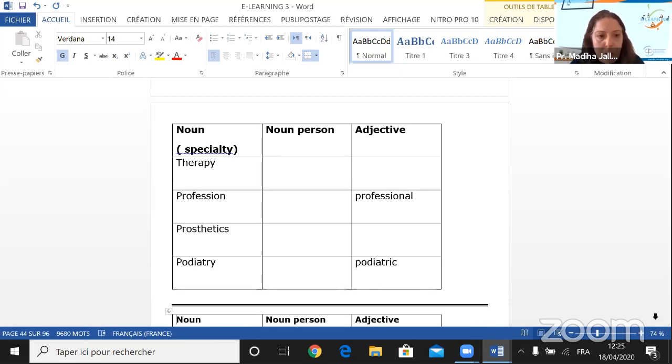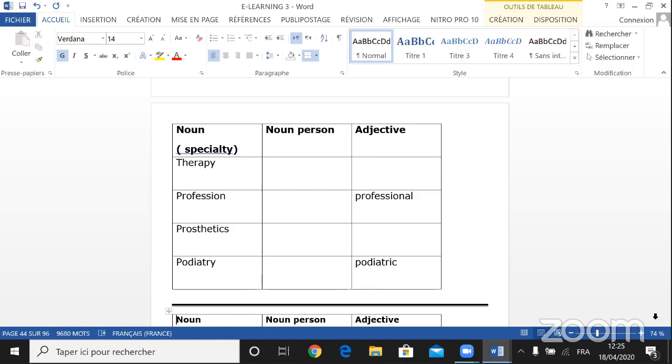I gave you the noun referring to the specialty, and you will give me the noun referring to the person and some adjectives. When I say therapy here, it's not a specialty, but a noun for a thing. So therapy. The person. Therapist, good. Who provides therapy is a therapist.